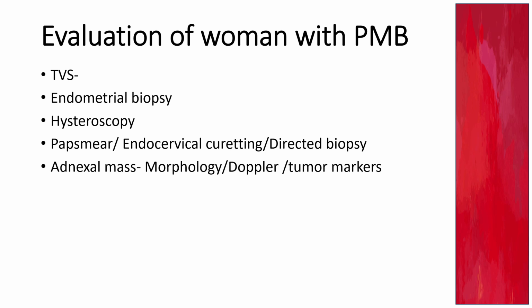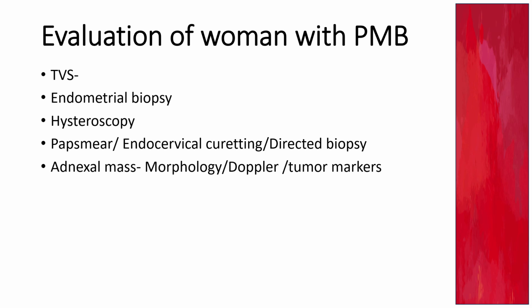But at the same time, one has to remember there may be an abnormality or malignancy of the cervix, or stenosis of the cervix, which should be ruled out. In women with a normal cervix, we can do away with that. We have to do a pap smear, and probably an endocervical curetting will rule out malignancy of the cervix.